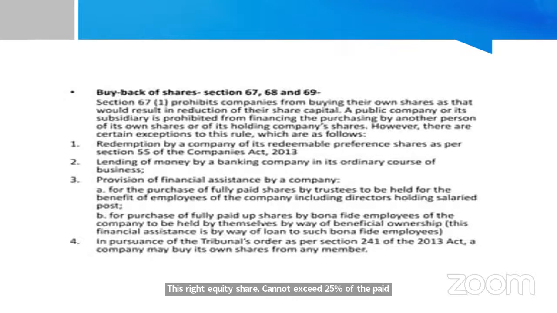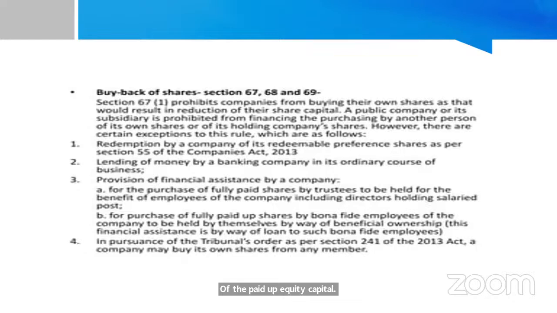Okay. So at one time when you are issuing, it cannot be more than 15% or 5 crores, whichever is higher. And the total value of sweat equity shares cannot be more than 25% of the paid up equity capital. Okay? Understood, all of you?